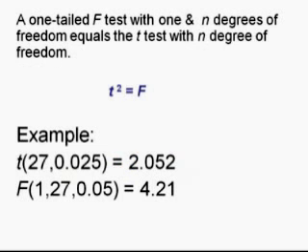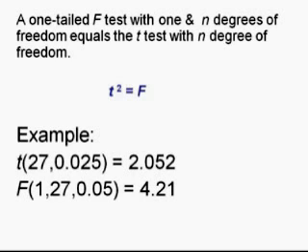To demonstrate this property, take a look at the following t and F tables. The t value associated with 27 degrees of freedom and an alpha half of 2.5% is 2.052, and an F value associated with 1 degree of freedom in the numerator and 27 degrees of freedom in the denominator, and an alpha of 5% is 4.21.